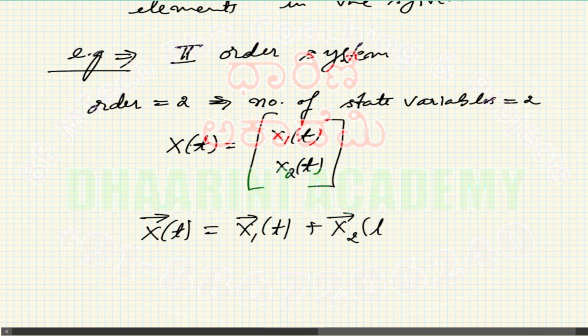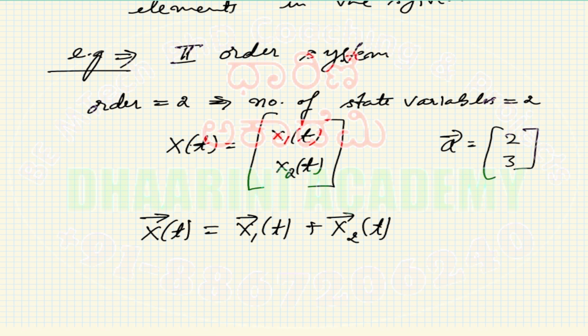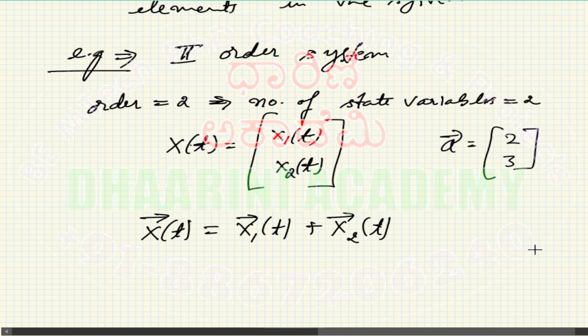So if you say a vector, say vector A is 2 3, in a coordinate system. Let's write a coordinate system quickly. So this is the first variable, this is the second variable, x2. You have to move 2 units along the first one, and 3 units along the second one to reach this vector.